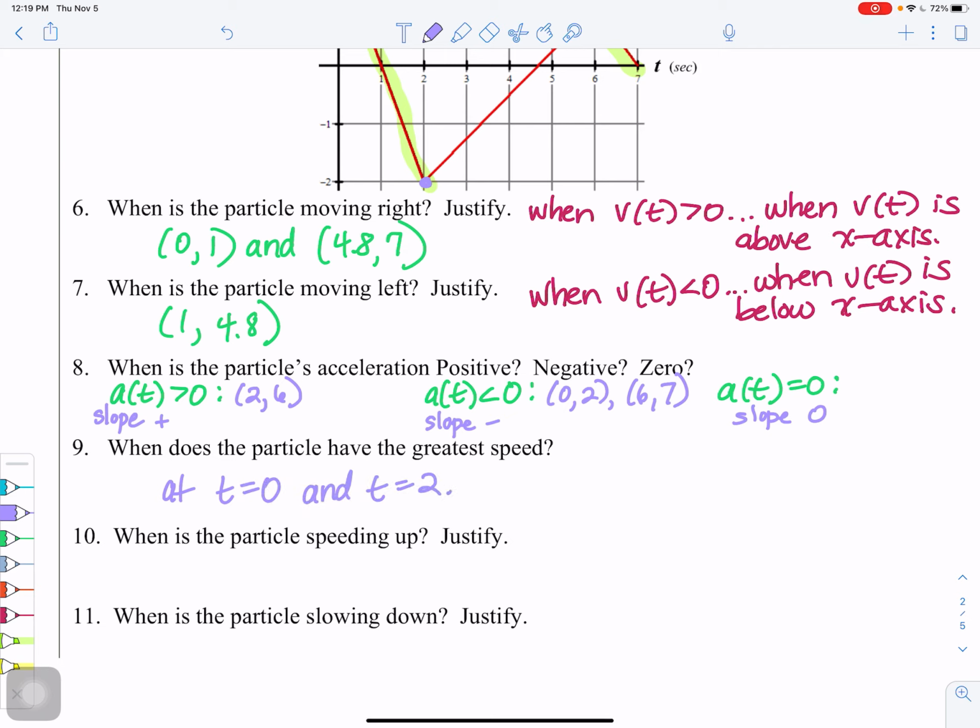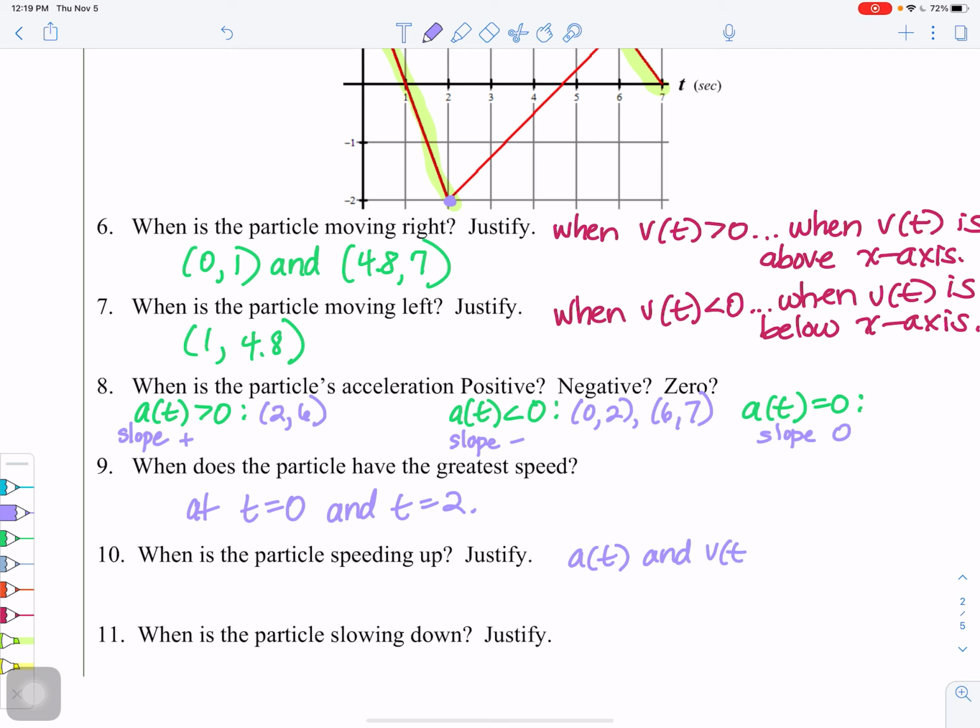Now let's talk about when the particle speeds up. This is when acceleration and velocity have the same sign. And slowing down is when the acceleration and velocity have different signs, or opposite signs. So let's take a look.